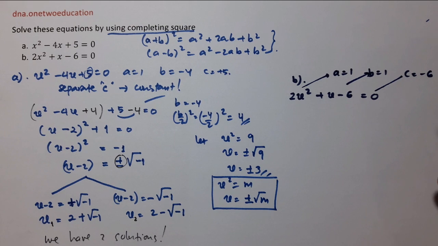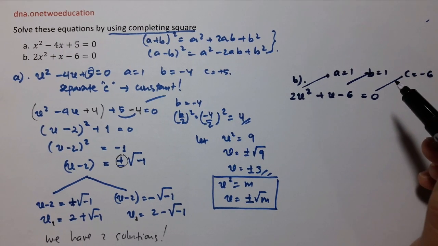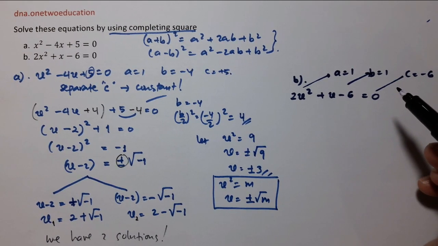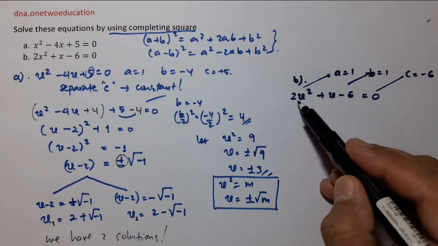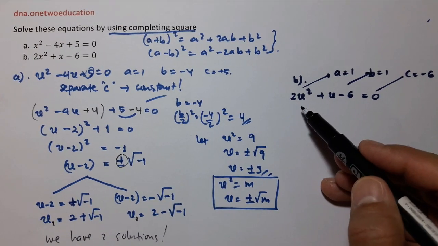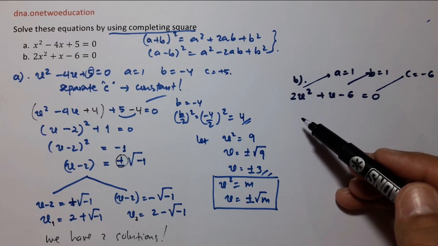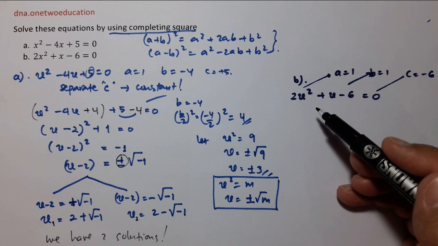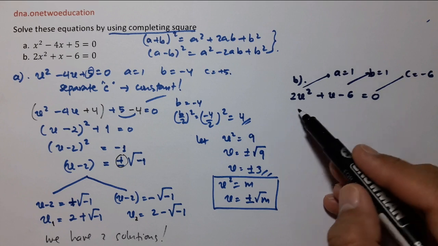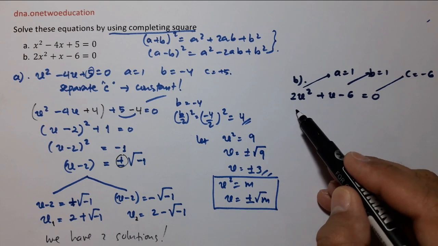Okay, everyone. So by using the completing square, you have to make sure that the coefficient of x squared is 1. Once again, make sure the coefficient of x squared is 1. How to modify this one? Correct, distribution.